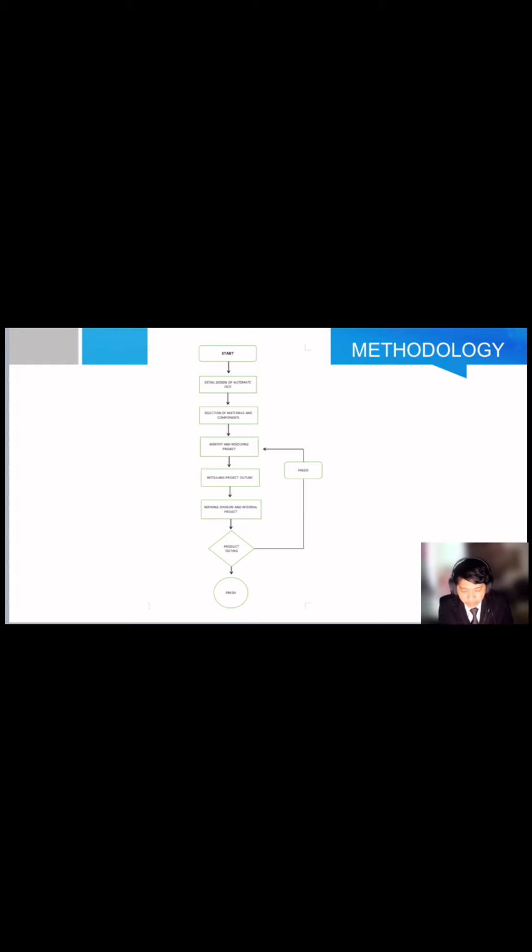After that we test the product. If it fails, we go back to identify and resolve the problems. After the project is completely perfect, we go to product testing and then finish.